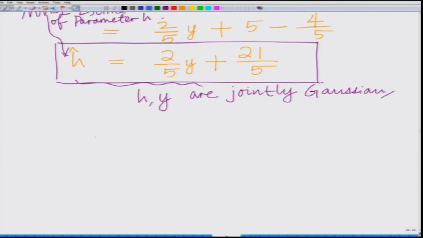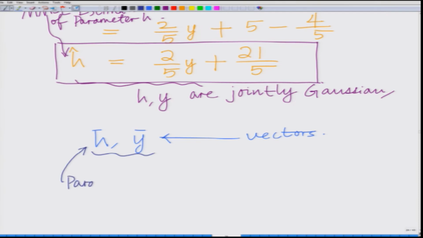That will comprehensively cover the scenario when h comma y are vectors, and that is also very simple. It is a straightforward extension. This is your parameter vector h bar, and this is your observation vector y bar.